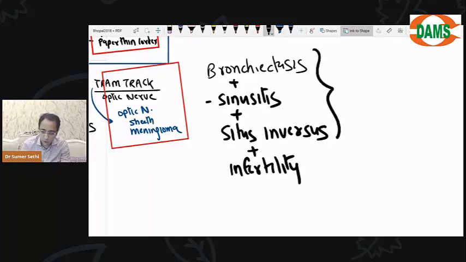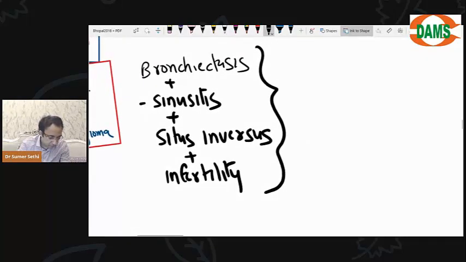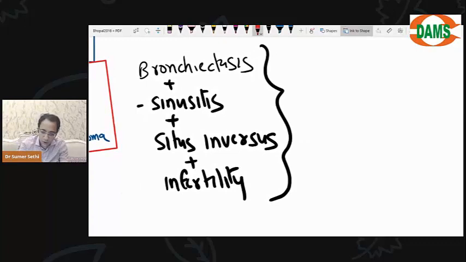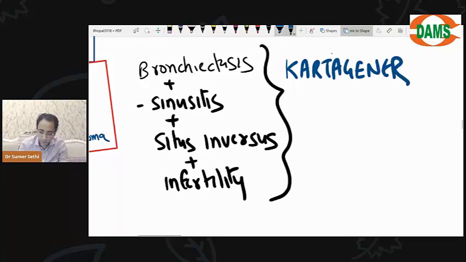What will you mark as the answer? Suppose I say bronchiectasis with sinusitis with situs inversus infertility, then you will mark Kartagener syndrome.